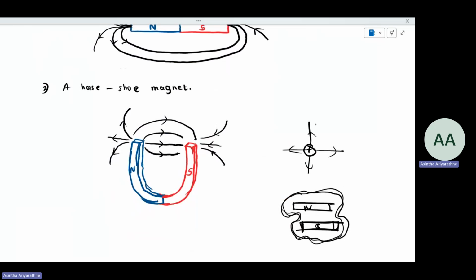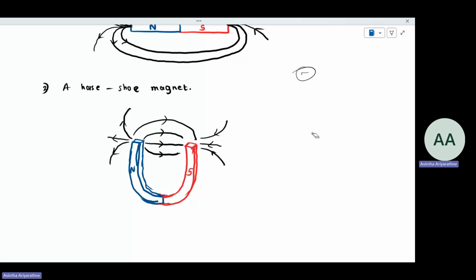Unlike the electric field, if it is just a positive charge, the electric field would be induced around it, and we don't know where the negative charge is; it will be somewhere at infinity, doesn't matter. But in a magnet, the north pole and south pole are always close together, on the same magnet.